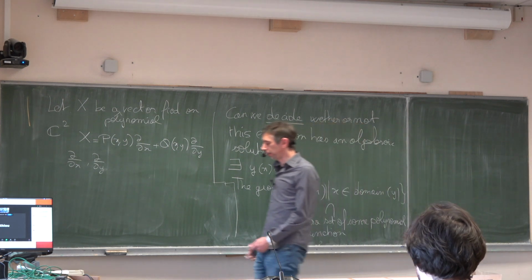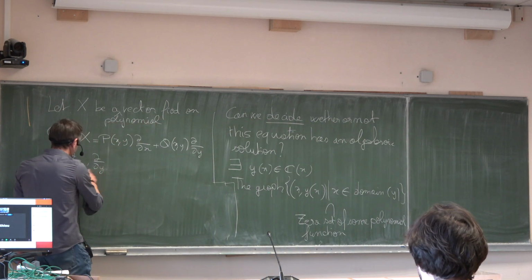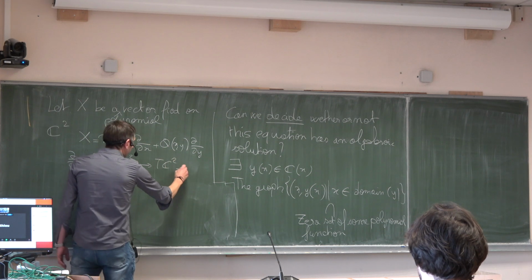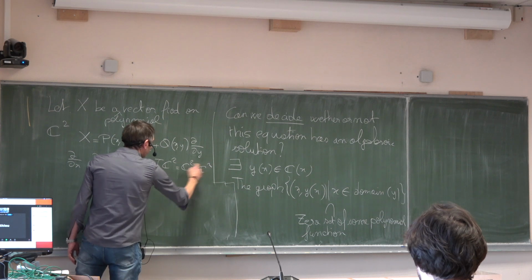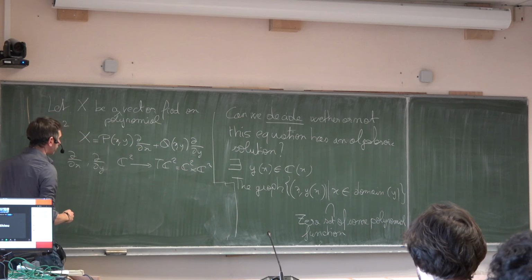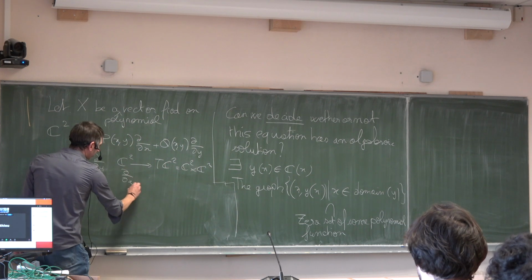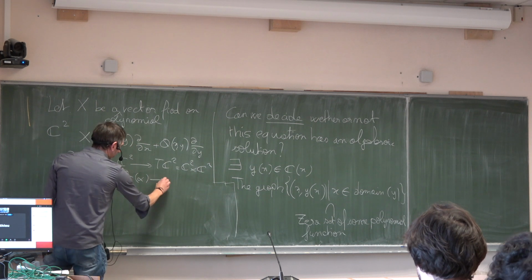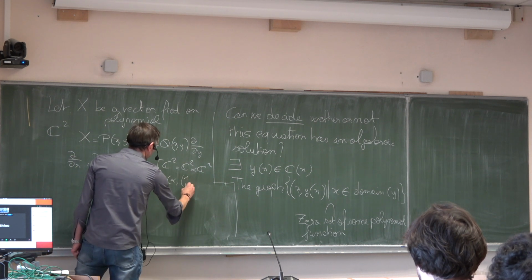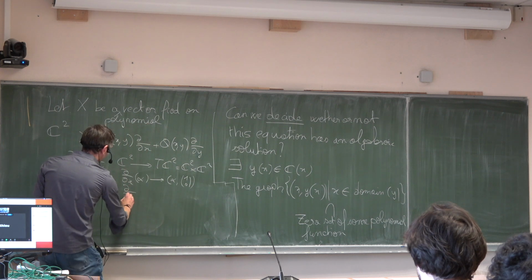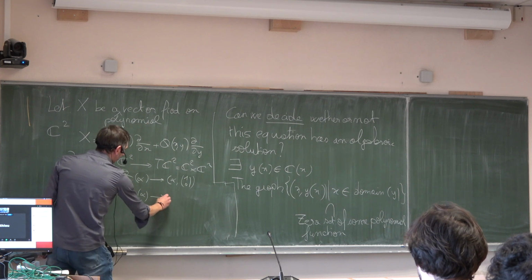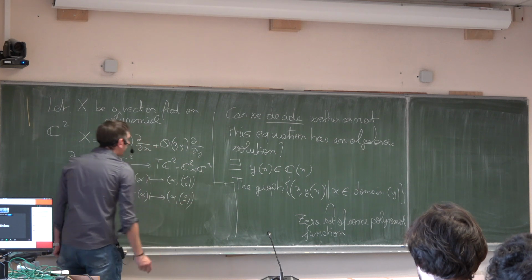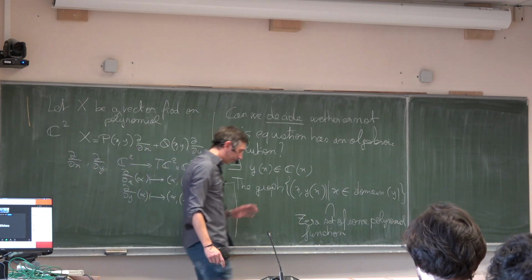To be very precise, these two guys are sections of the tangent bundle of C2, which is C2 times C2, because this is trivial, and d over dx is the section defined by alpha goes to alpha, (1, 0), and d over dy is the section defined by alpha goes to alpha, (0, 1). This is just to precise the notation.